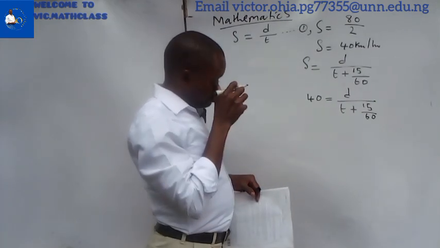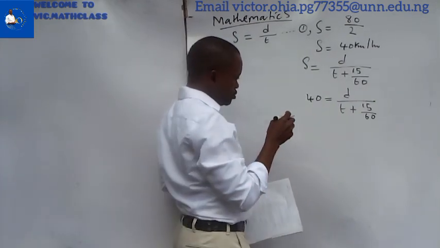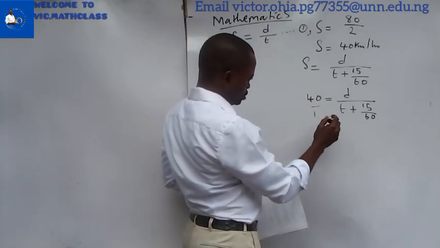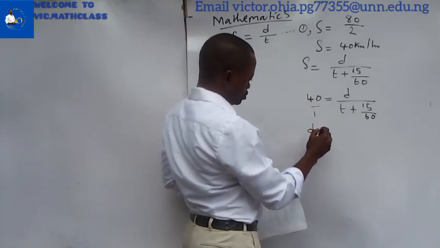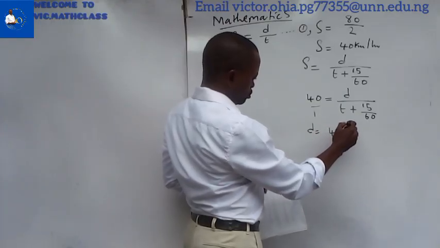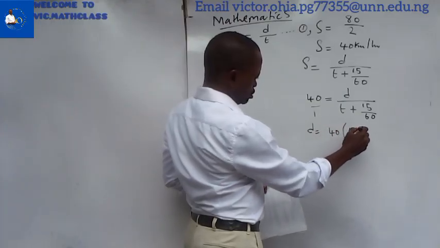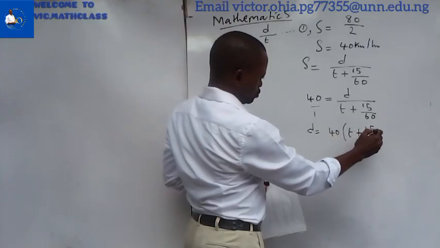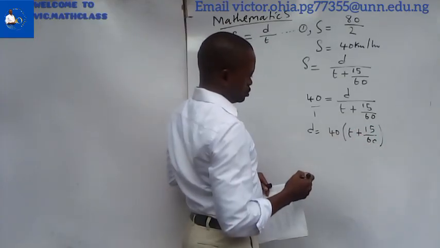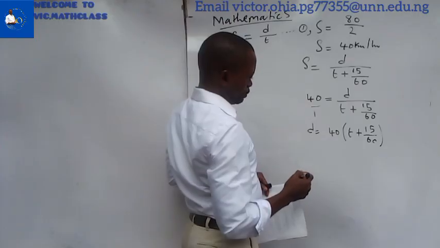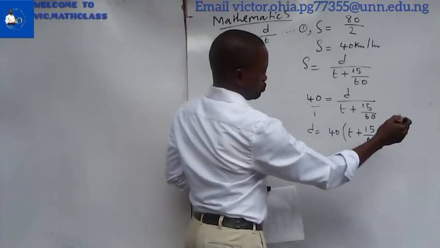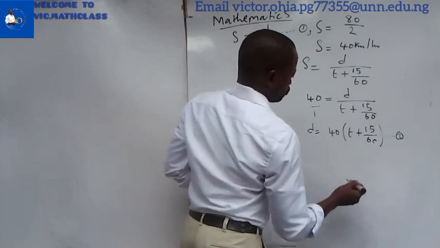But observe with me that if I make D the subject, D is going to become 40 in bracket t plus 15 over 60. I had equation 1, so I call this equation 2.